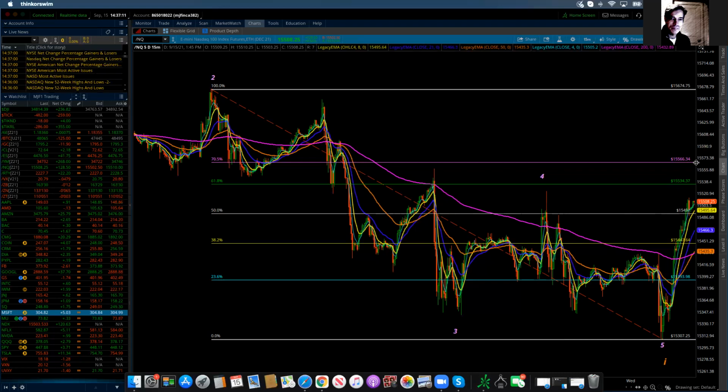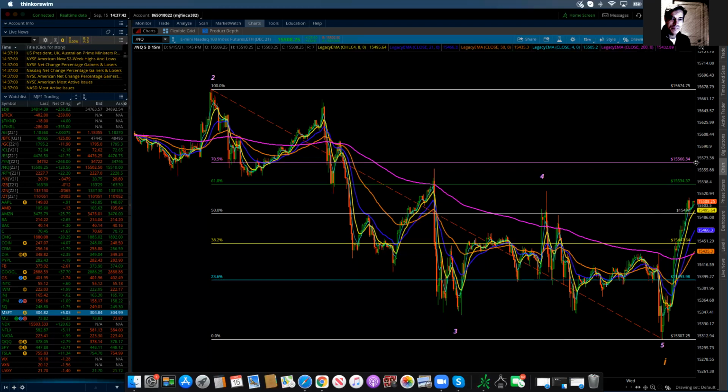But wave 3 cannot be the shortest wave out of 1, 3, and 5. We can bear that in mind, because as the moves unfold, these are the characteristics that I am applying to make sure that what the market is doing has the right feel, the right look. As I've discussed before, this is how I go about all of that.